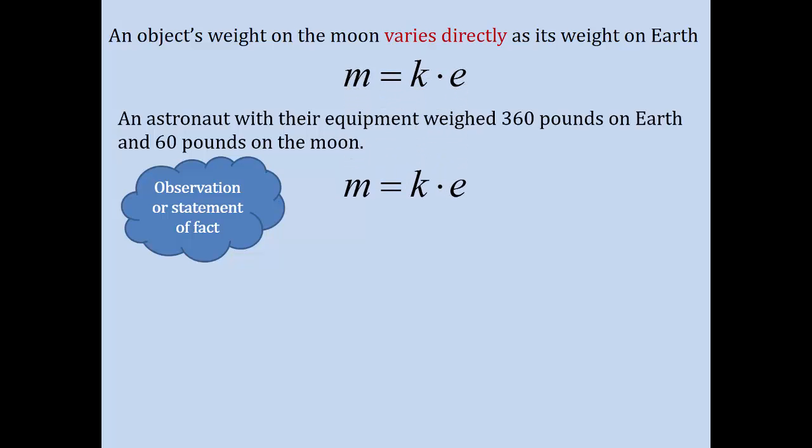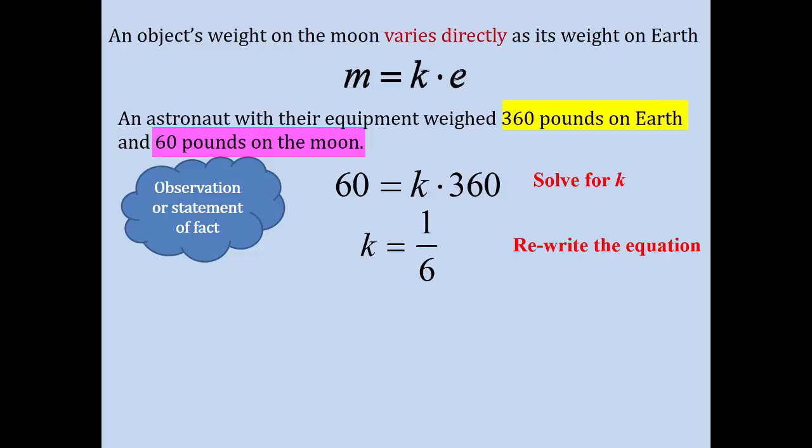And so, if we take the equation, we will use the numbers 360 for the E and 60 for the M and compute the constant. And again, this could be looked up in a table if you had such a thing. And so we know everything weighs 1/6 on the moon what it weighs on the Earth. We just plug that into our equation in place of the k.